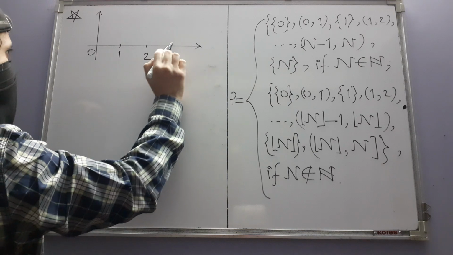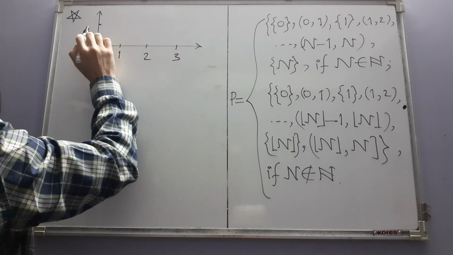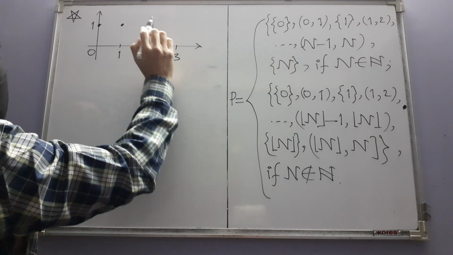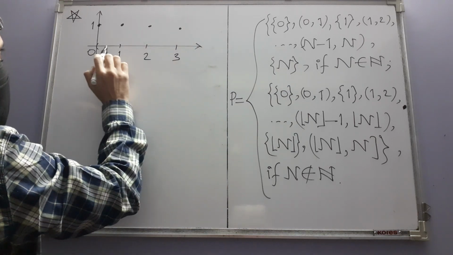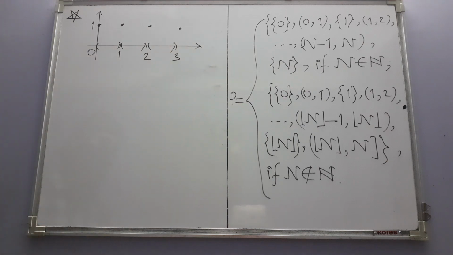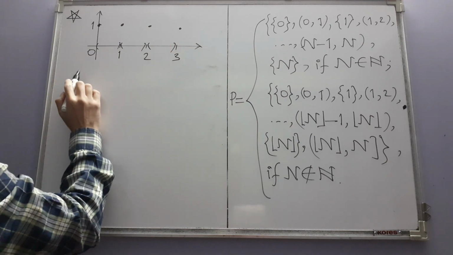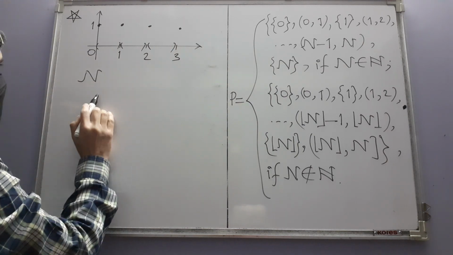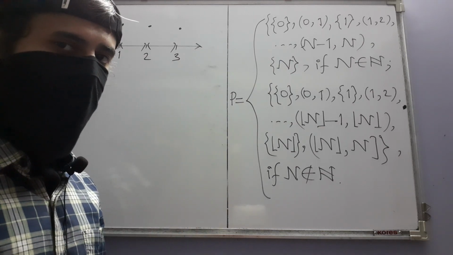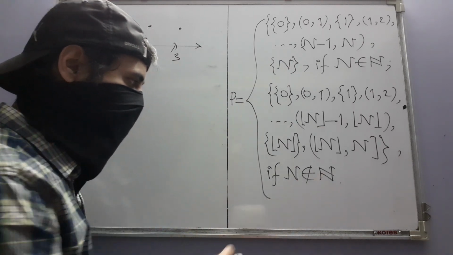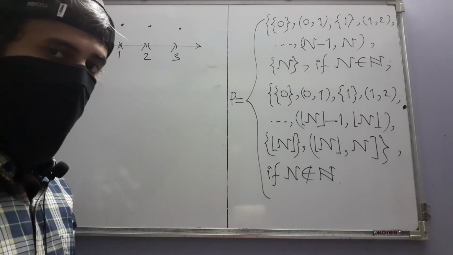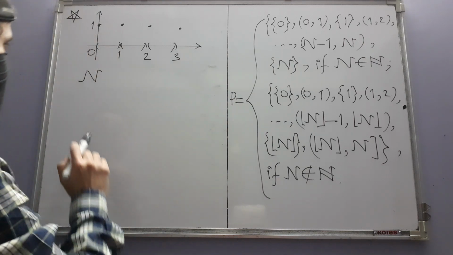One, two, three, say this is one. Like this it goes. Say I take n equal to, keep in mind, n is a positive real number. In this case it's not an integer, but it is still positive. It may be irrational also.